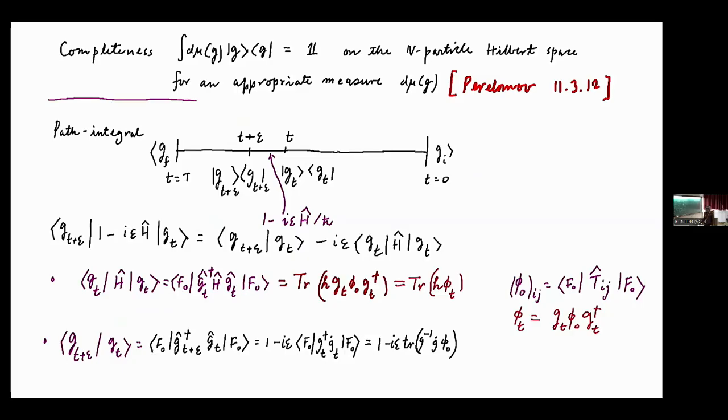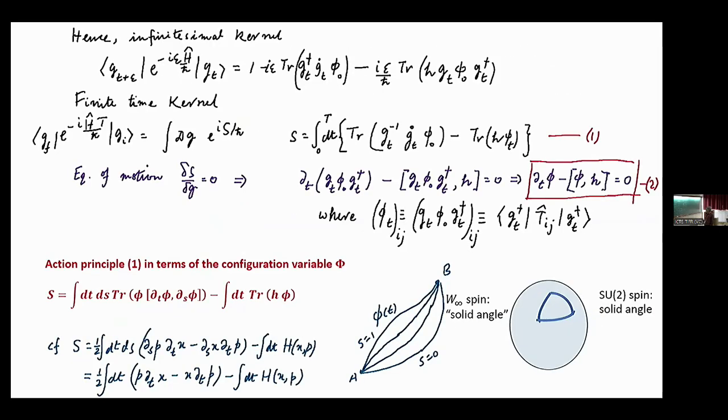And then the other term, the overlap term, becomes like G inverse G dot acting on phi naught. There are a lot of steps that I'm skipping somewhat. So the infinitesimal kernel becomes this expression, and the finite time kernel just becomes an integral of the same quantity that has appeared here.